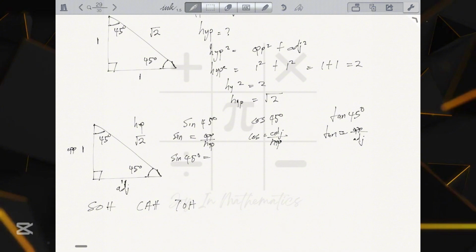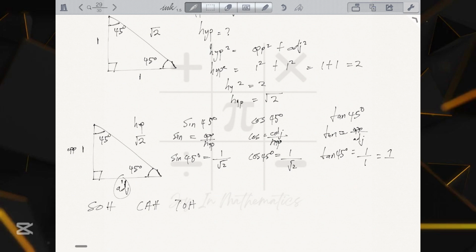So for sine 45, the opposite is 1, the hypotenuse is root 2. Cos 45 degrees is the adjacent over hypotenuse: the adjacent is 1, the hypotenuse is root 2. Similarly, tan 45 is opposite 1 over adjacent 1, which is equal to 1.